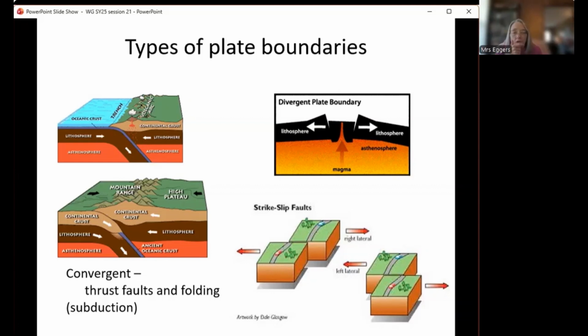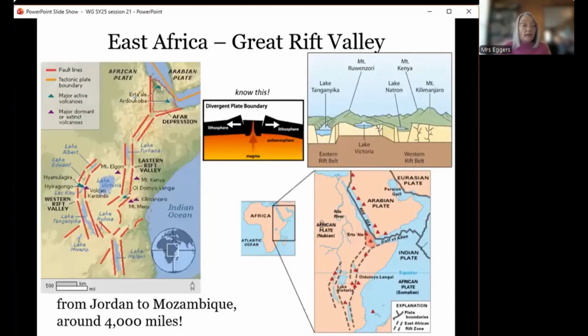Convergent, divergent, or strike slip? What do you think? Which one might cause a gash? Oh, I guess they all could cause some kind of a gash in the earth, but we think it could be a divergent plate boundary. You like that flashing red arrow? That's fun, right? So yeah, we think it could be, yep, good job, Annie, Knox, a divergent plate boundary, hint, hint.